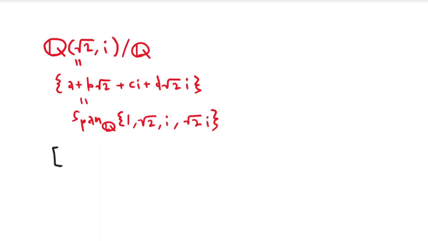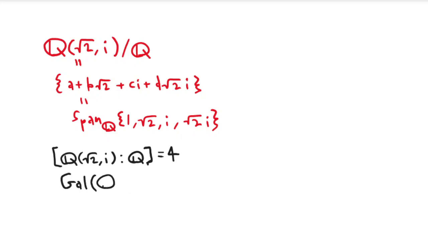And using our previous fact, this means that the degree of this extension is equal to 4. And so that tells you that the size of the Galois group of Q adjoin these two numbers over Q is, at the very least, equal to 4.